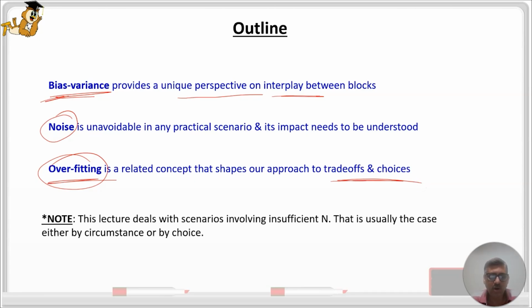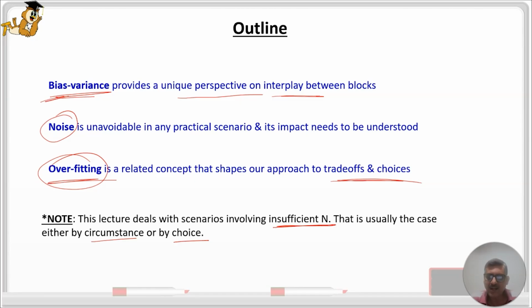Okay, important note. This lecture deals with scenarios involving insufficient n, okay, and that is usually the case either by circumstance or by choice. Let me explain what I mean here. Now, some of you may say that we've already looked at the PAC theory and the solution to all learning problems lies in simply increasing n.